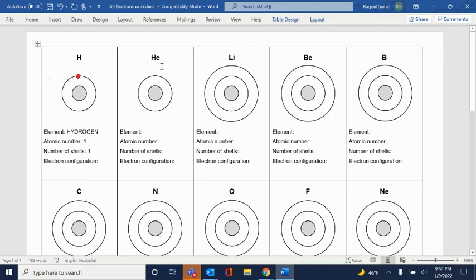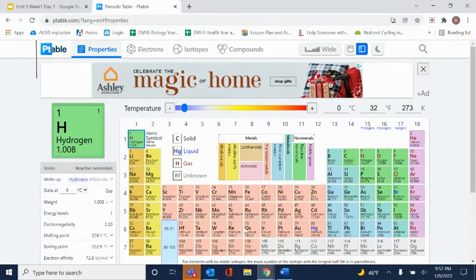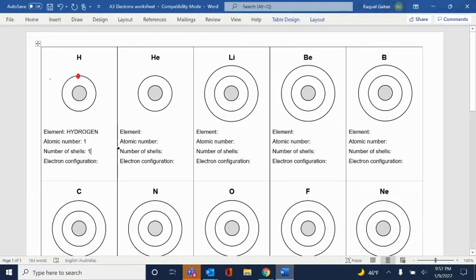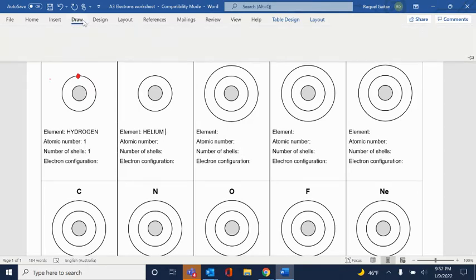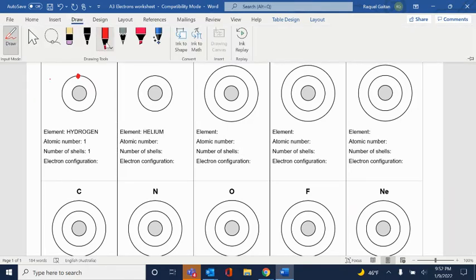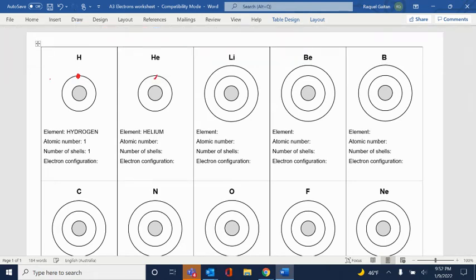For the next one, this is helium. He stands for helium. I can figure that out by going to my periodic table. Helium has an atomic number of 2. So I'm going to write that in. Element helium. And if I'm going to use my drawing tool, I'm going to go 1.